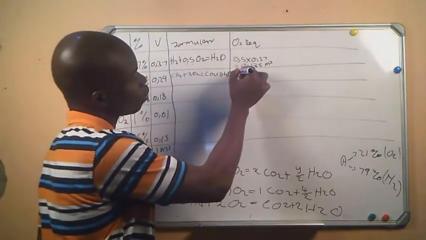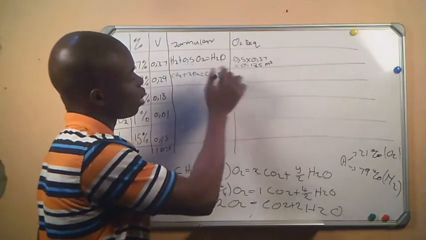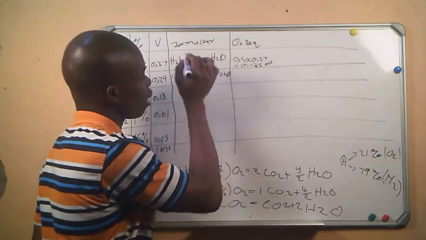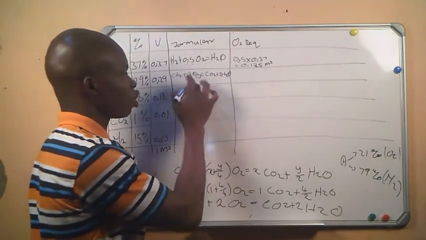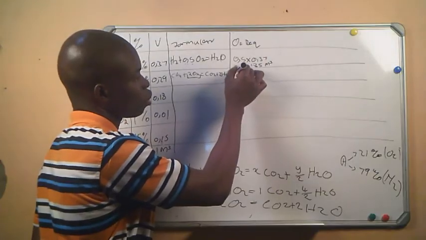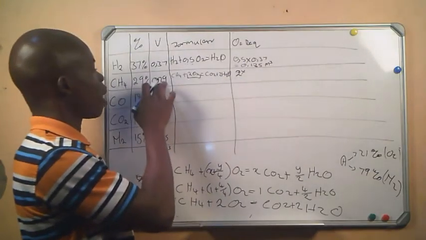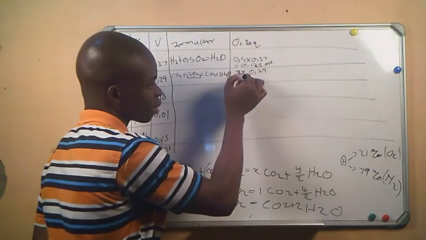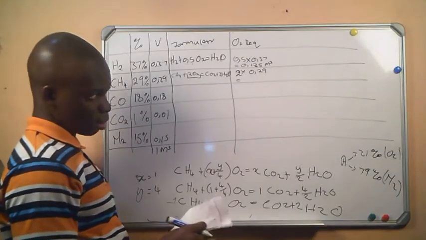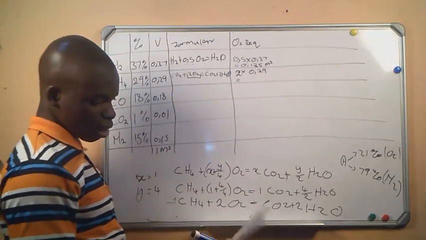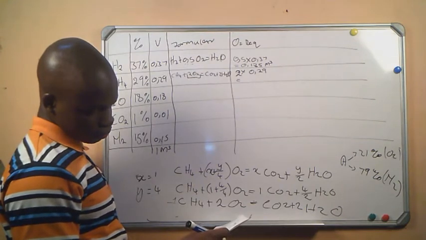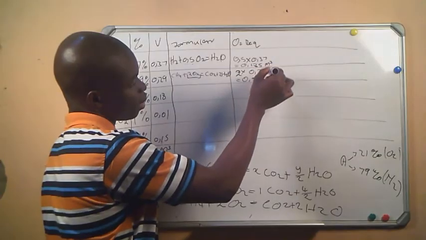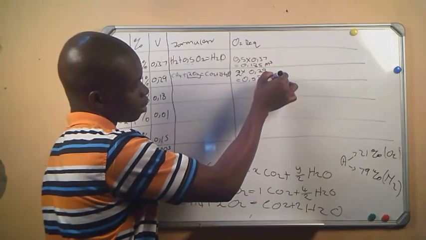We move to the amount of oxygen that is needed for methane, and we can see that the number before the oxygen is 2, so we say 2 times the actual amount of methane in the system, which is 0.29, and then I got that it is 0.58 cubic meters.